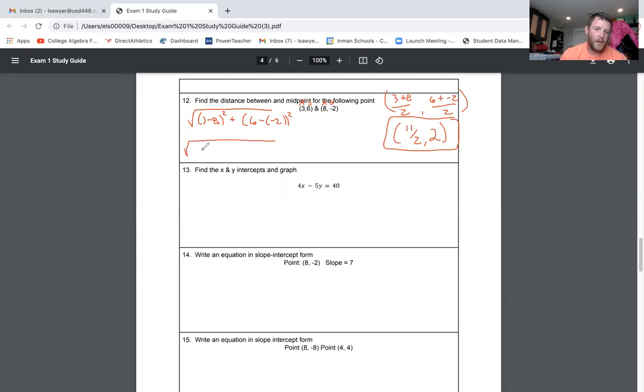So that's the same thing as -5 squared. Plus, minus is 8, which is equal to 25 plus 64, which is equal to radical 89. Right. What's your distance?